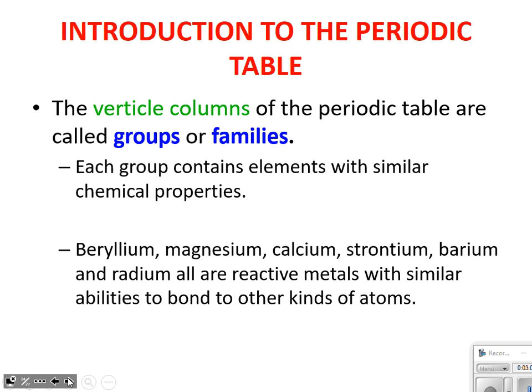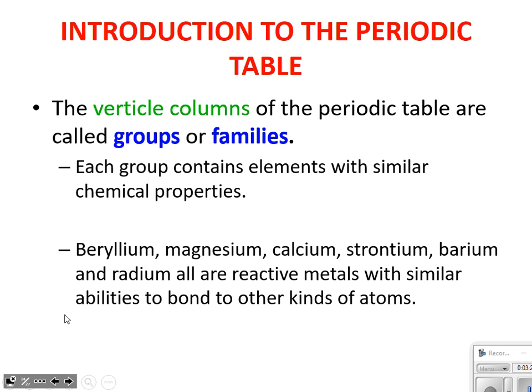Now this is just saying here, folks, if you look at beryllium, magnesium, calcium, strontium, barium, radium, that is all the second group on your periodic table. So this is just telling you that they are all reactive metals with very similar abilities to bond with other kinds of atoms.